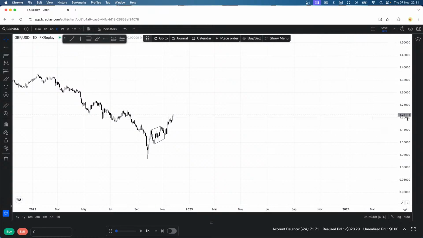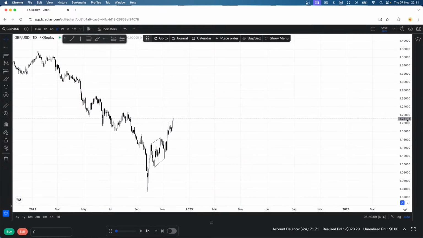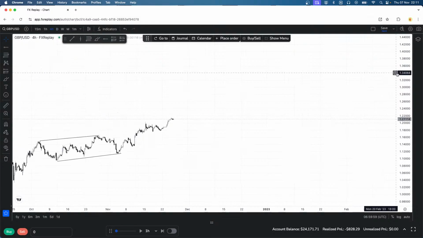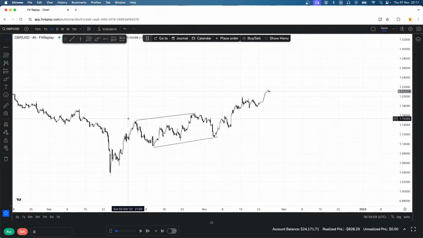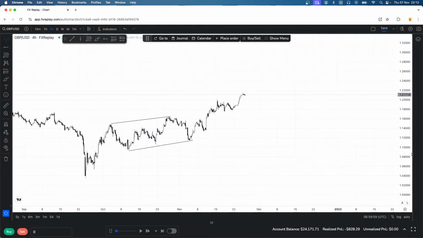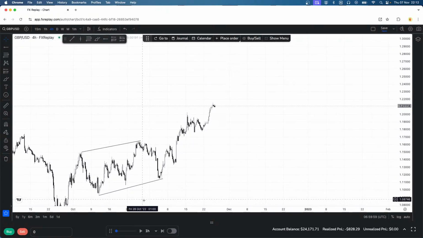So as you can see, we saw price make an impulse, we saw price make an ABC correction, and then we were looking for buys. So now I'll have to wait and see how price develops.